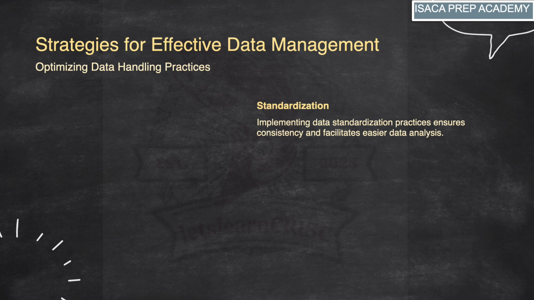It ensures consistency and makes things easier to understand. And by implementing standardization practices, businesses can ensure that data is organized in a uniform way, which makes it easier to analyze and compare. And friends, this consistency helps to streamline processes and improve the accuracy of data analysis, ultimately leading to better decision making and more effective risk management.